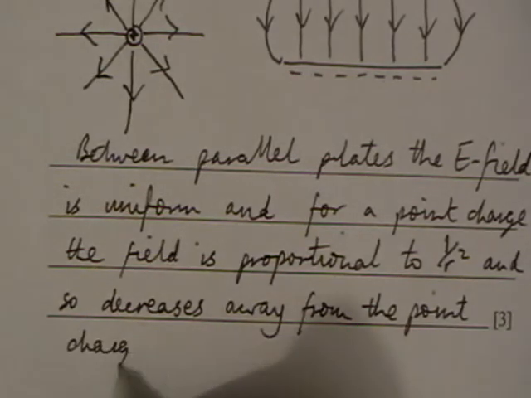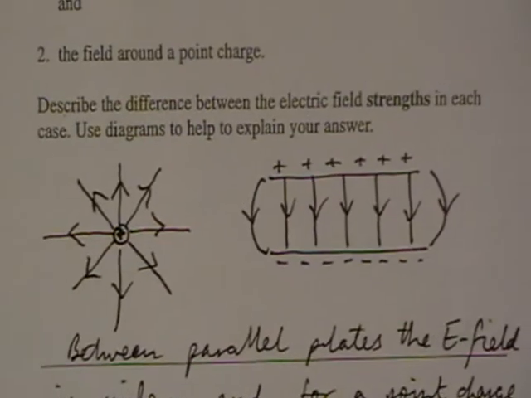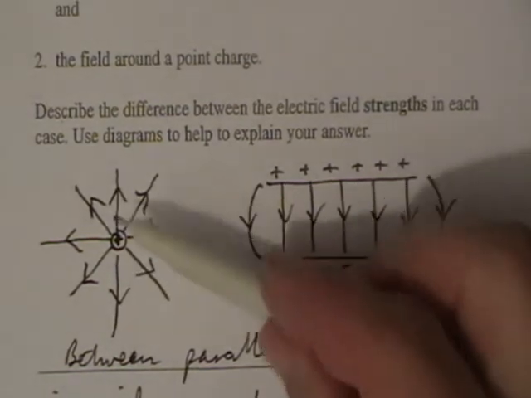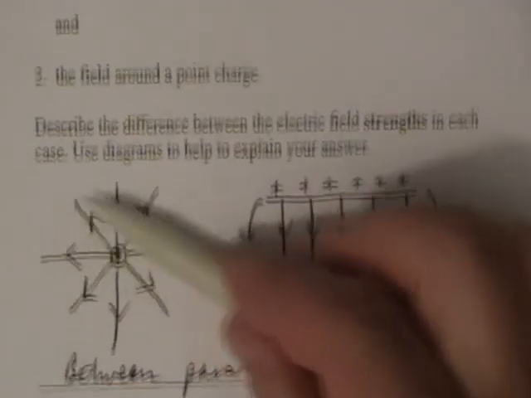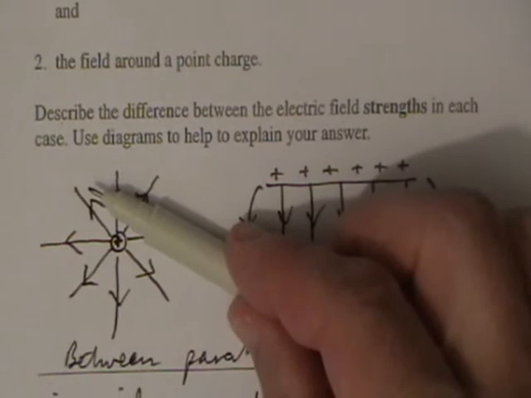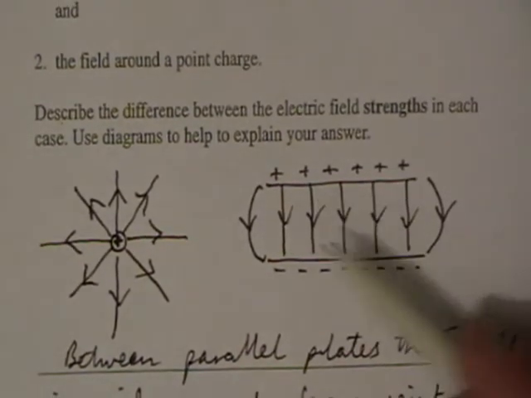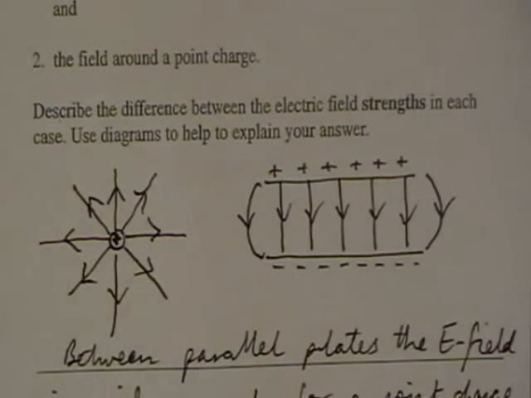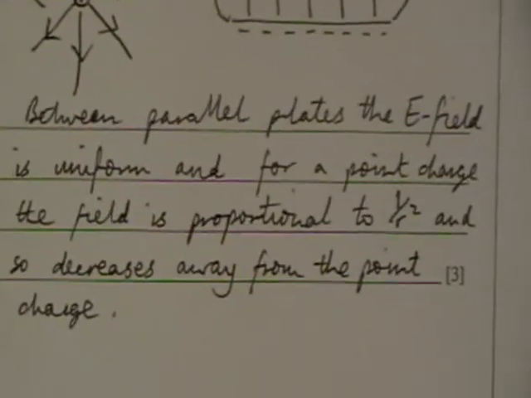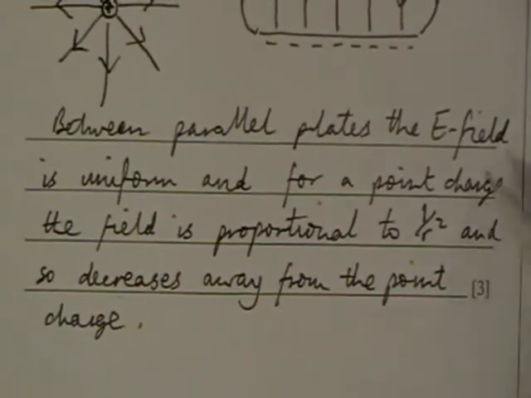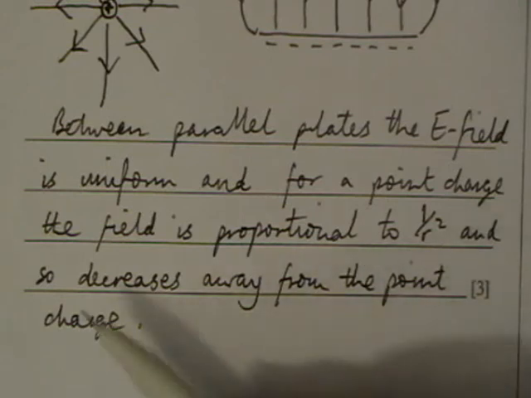Now, essentially I think the diagram shows this. You can see here as you're going away from this, we're increasing separation, therefore field strength is declining. Here, uniform, equally spaced, therefore it's a uniform field all the way through. So between parallel plates the electric field is uniform, and for a point charge the field is proportional to 1 over r squared, and so decreases away from the point charge.